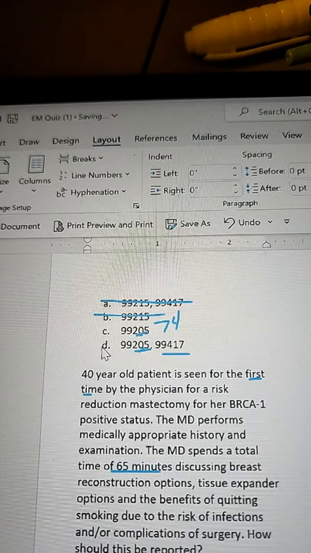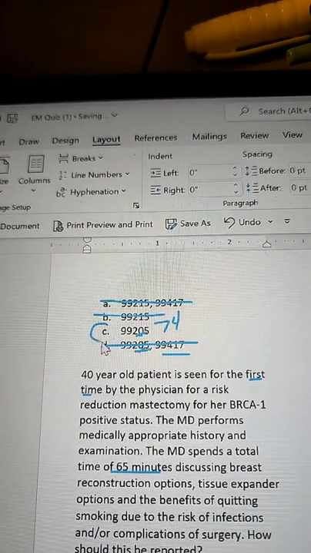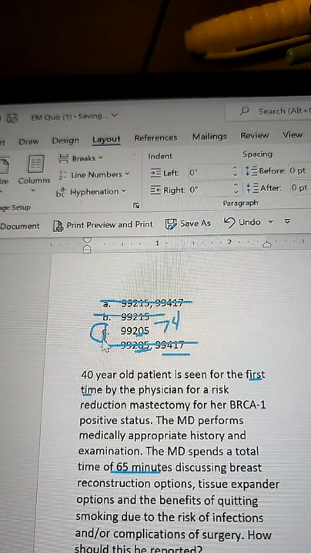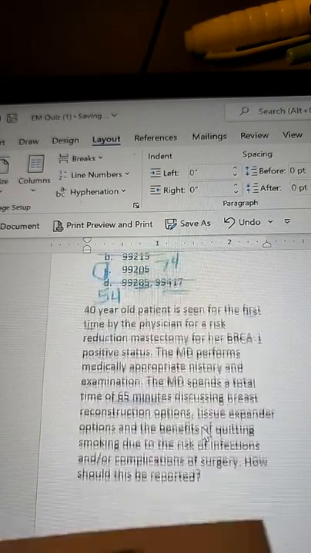So we don't need the prolonged services for this one. So they were just trying to trick you, because normally their question is always about that 215, which is 54 minutes when it's the 215. But this one was 205. Yep, C is your answer.